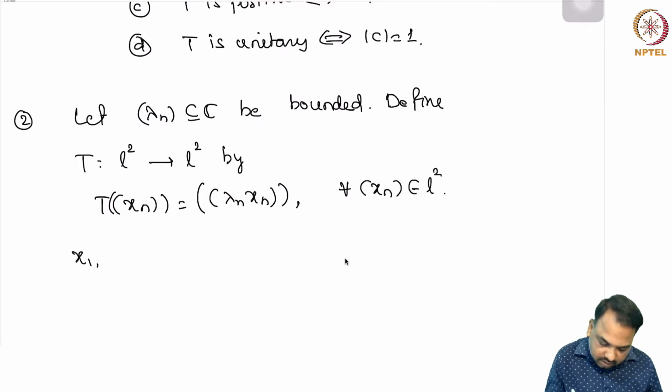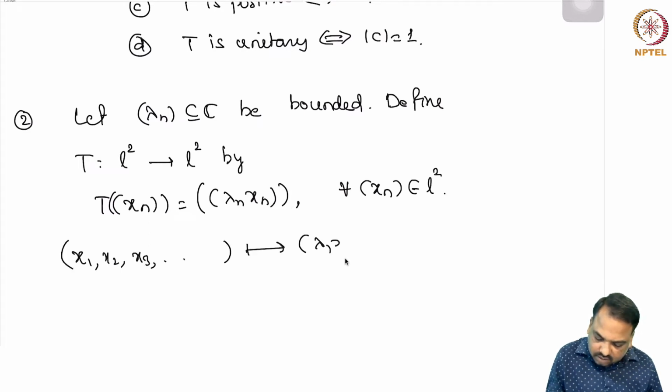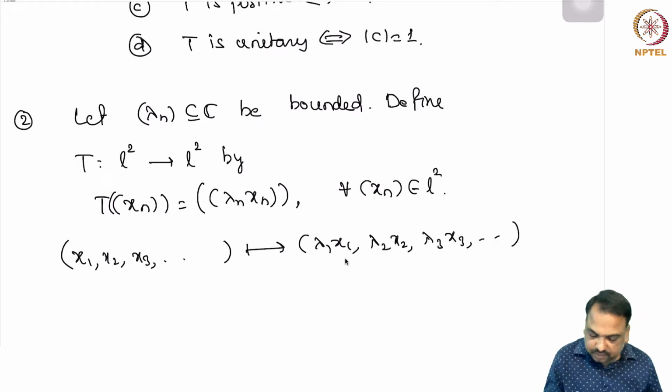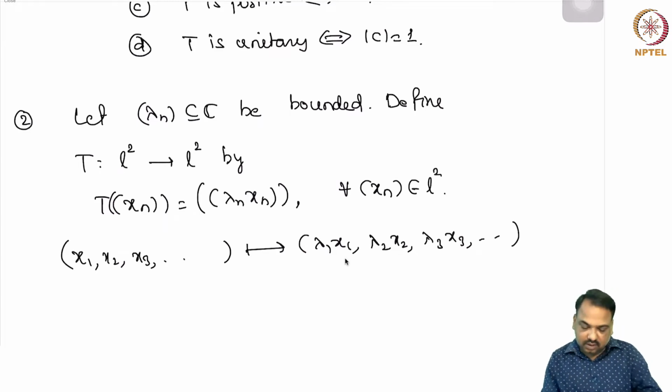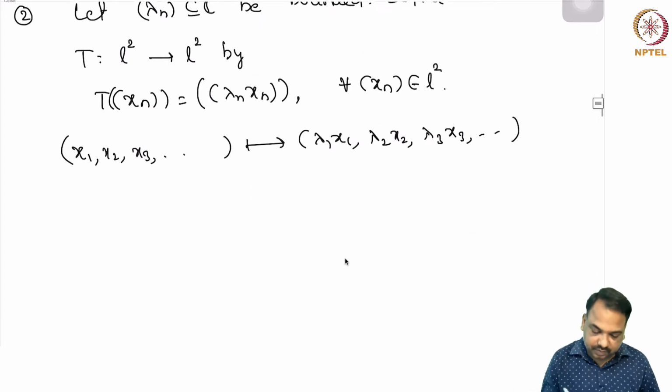That means x1, x2, x3 and so on is mapped to lambda 1 x1, lambda 2 x2, lambda 3 x3 and so on. We have observed that the matrix of this is the diagonal matrix with diagonal entries lambda 1, lambda 2, lambda 3 and so on.